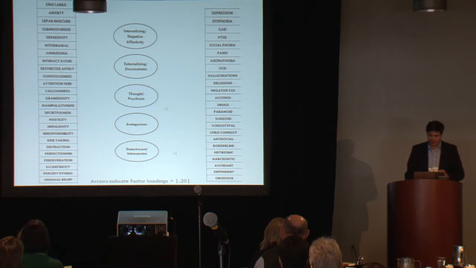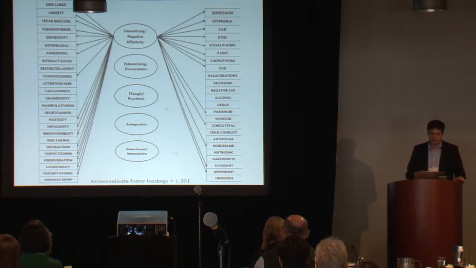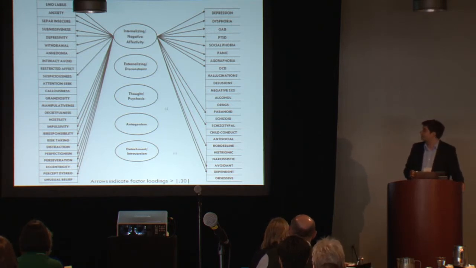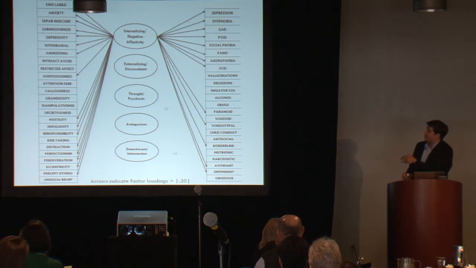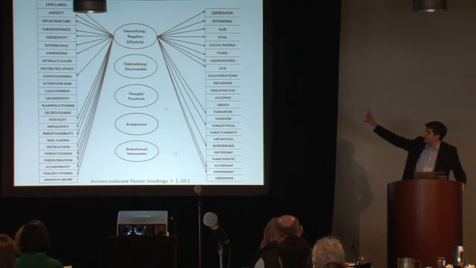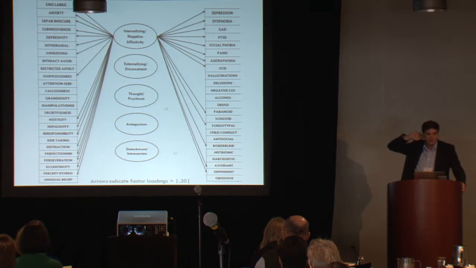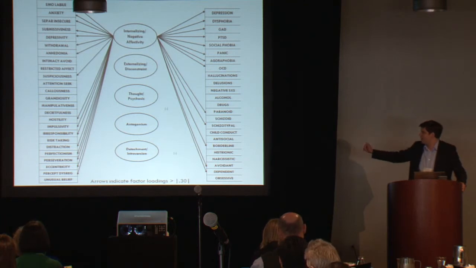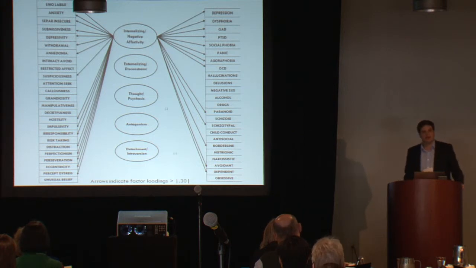And what you find is that the loading on internalizing negative affectivity is actually a very broad factor, and it includes not only all of the disorders associated with internalizing, but those individual indicators on the other side related to anxiety, separation insecurity, submissiveness, depressivity, and so on. But it also pulls in some other things down here, including paranoid and schizotypal, borderline, avoidant, and dependent. All of these are going to have issues related to internalizing and distress, essentially.